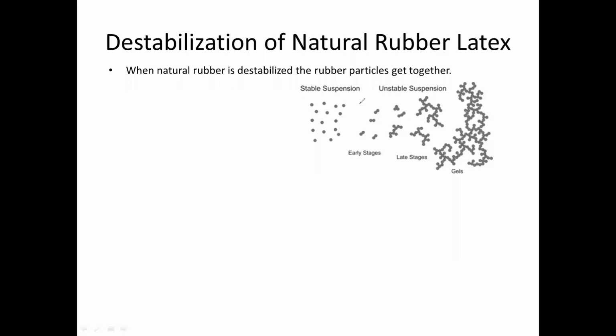Now, when it comes to instability, early on two or three particles get together and form small aggregates. Then over time, the aggregates become bigger and bigger. And finally, it will form a network like this. Unlike normal colloidal systems, this network type of aggregate we call a gel. Gelling of natural rubber.